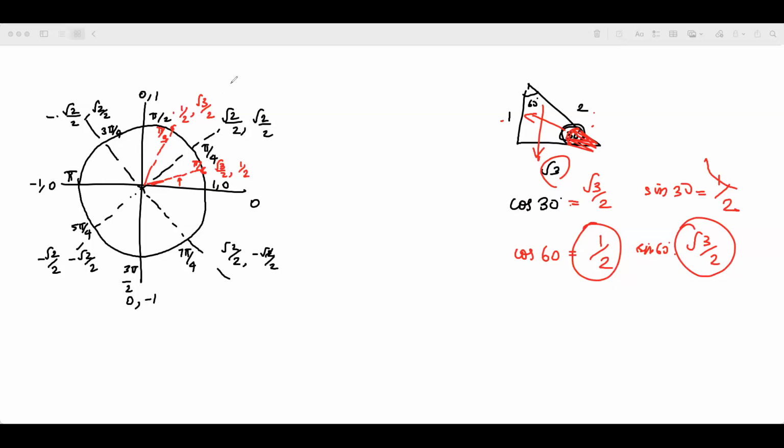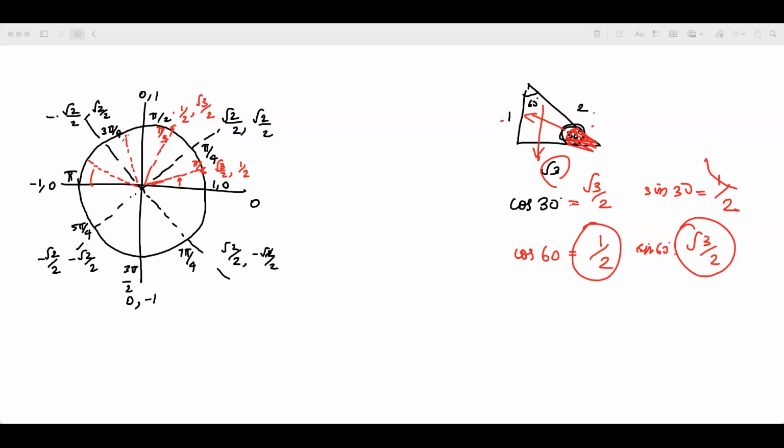Now when you think about the pi by 6 angle, it always starts with root 3 by 2. Here there has to be a pi by 6 angle, right? And here it has to be a pi by 3 angle. So when you think about these, right, the pi by 3 angles are always near the y-axis. Pi by 6 angles are always near the x-axis.